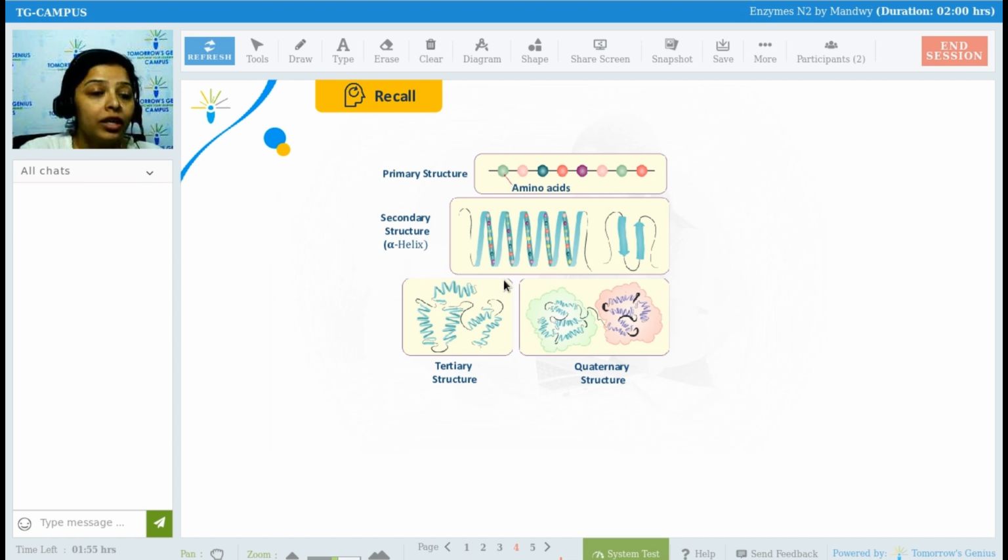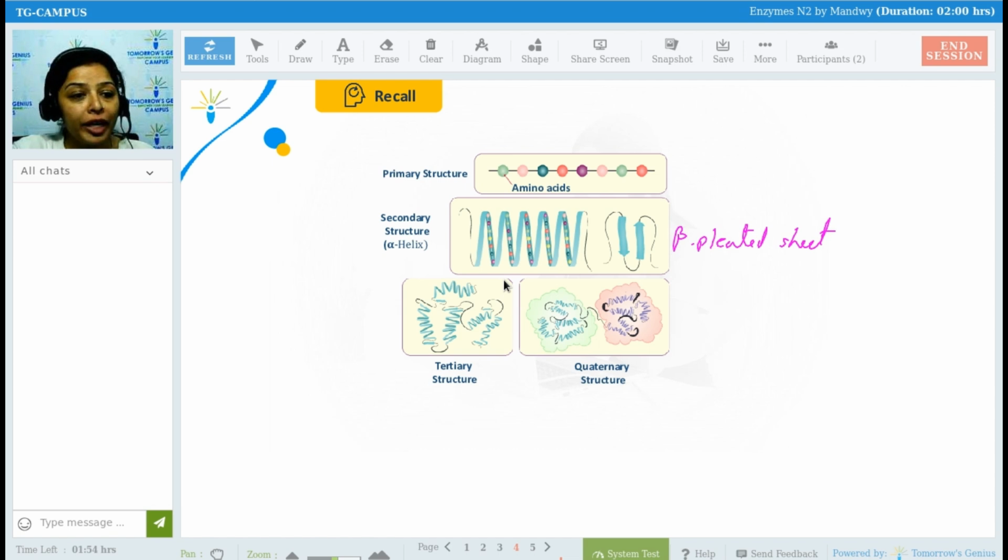The secondary is again of two types, alpha helix and beta pleated sheet. This is beta pleated sheet.